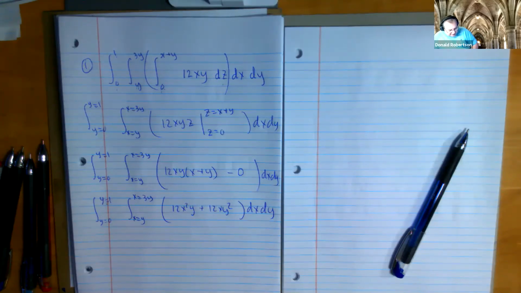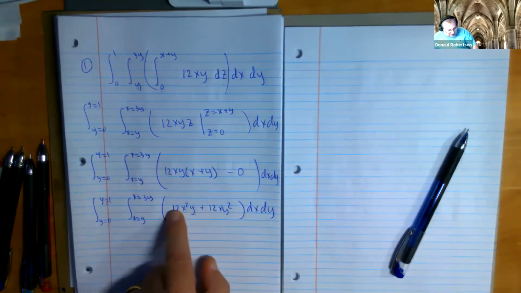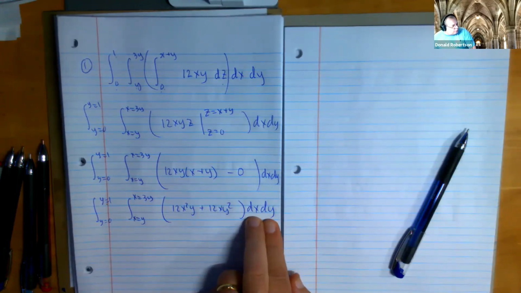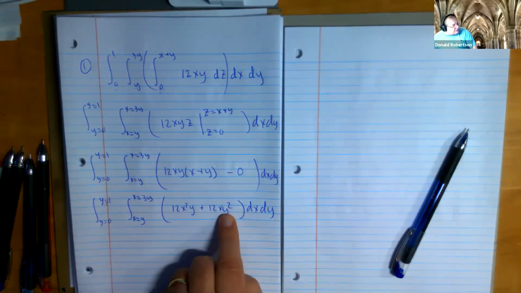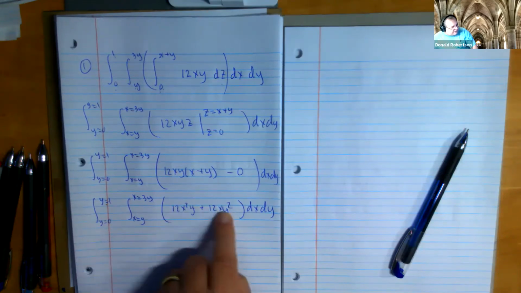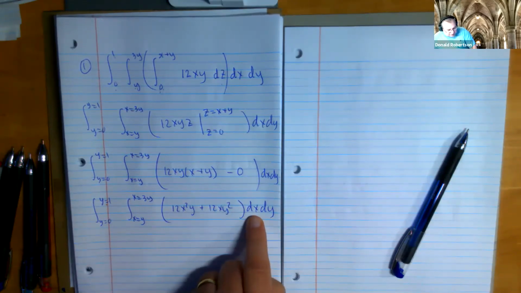If you do this correctly, shouldn't this expression here only contain x's and y's? Agreed? If this expression here has a z left over, like a little orphan z cubed or something like that, stop, because you've screwed up, right? Now, I'm about to do a dx now, right?